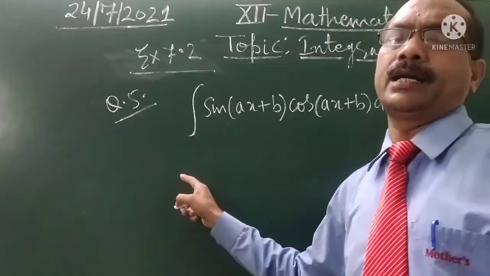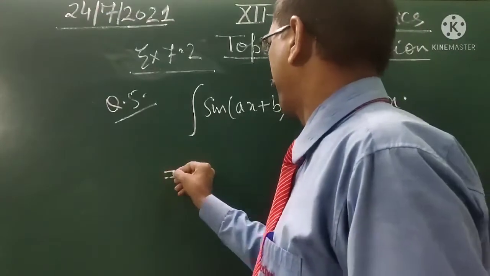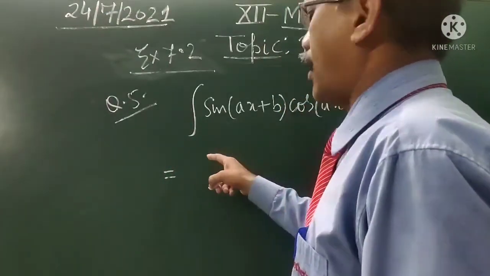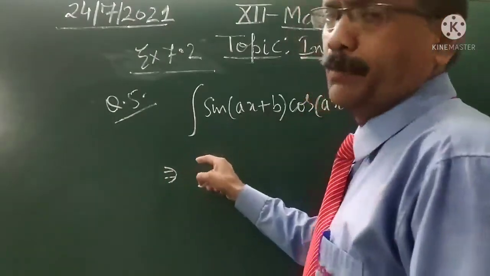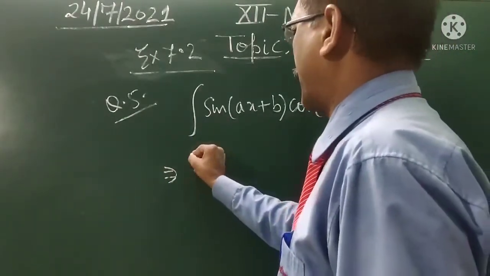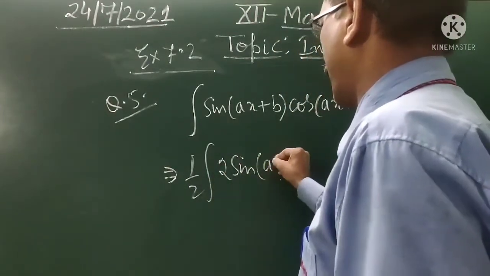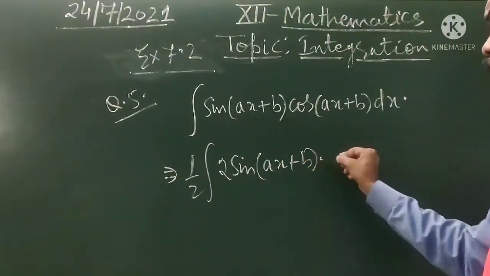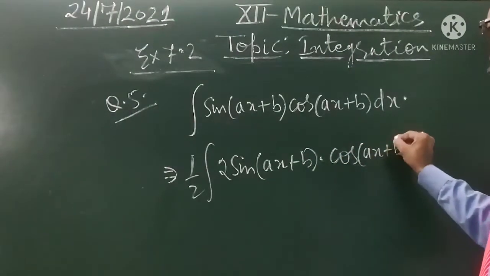Dear student, here we will multiply and divide by 2. Or another method, see both the methods. The first method: multiply and divide by 2. It is 2 sin(ax plus b) into cos(ax plus b) dx.